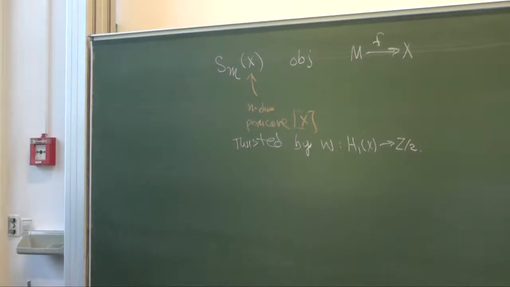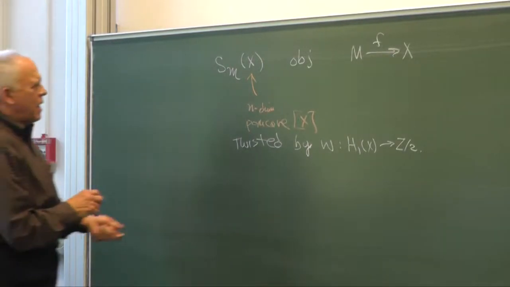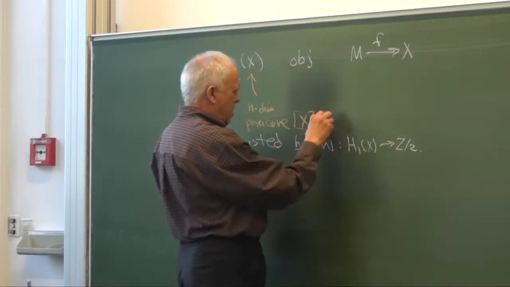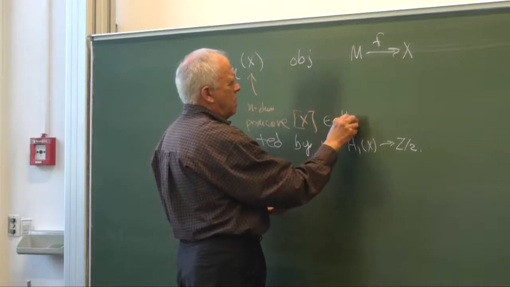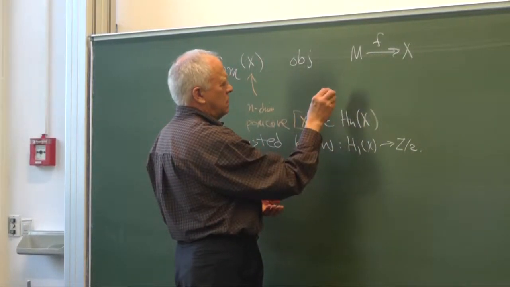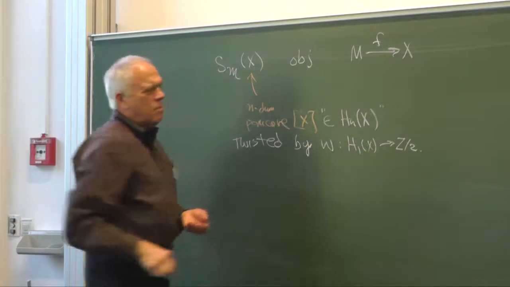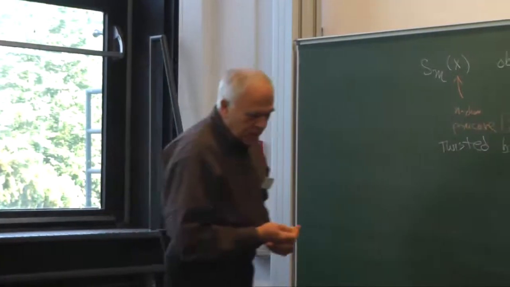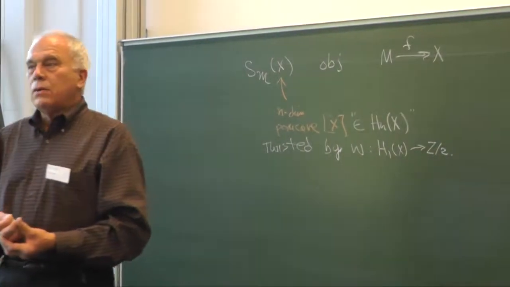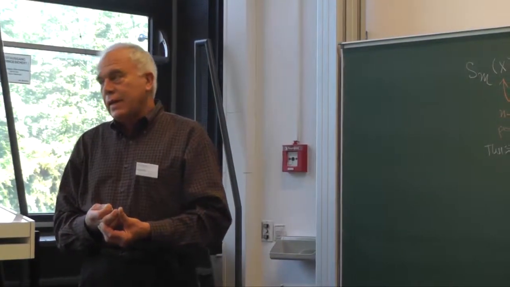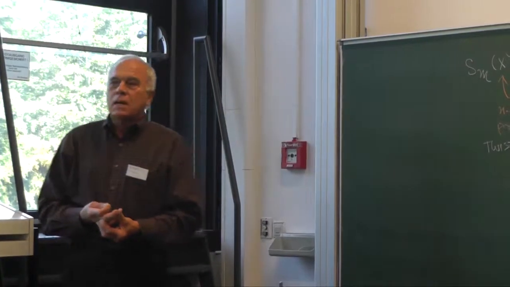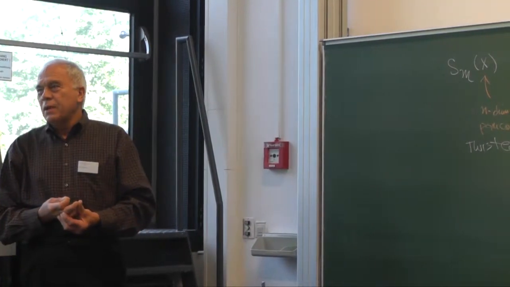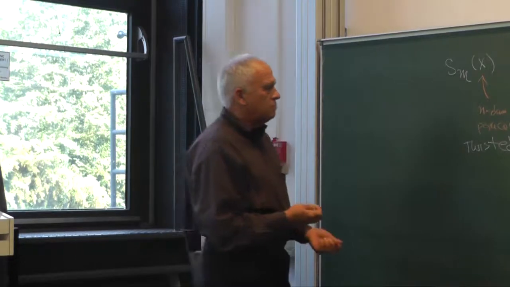So this fundamental class is supposed to be in H_n of X, but the coefficients might be different. Well, we don't really need to go into detail about that. I mean, you probably all do enjoy homological algebra over group rings, but it's a complicated thing, and we don't really need to go into that here.